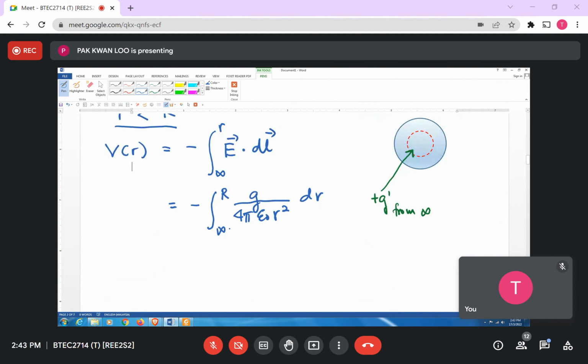Okay. This is the electric field expression for outside. First we have to do work against the electric field outside, which is this region here.